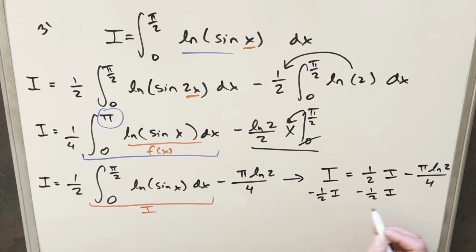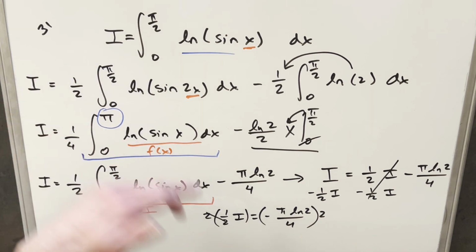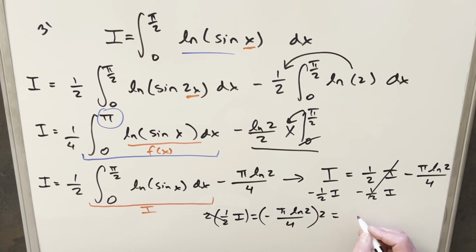That's going to cancel off here, and then what we have on the left side is just 1/2 I equal to this, which is minus pi ln 2 over 4. To get rid of the half, let's just multiply by 2 on both sides. And so now on the left side, we've just isolated our goal of I, and multiplying in the 2 here, for my final solution we just get minus pi over 2 ln 2.